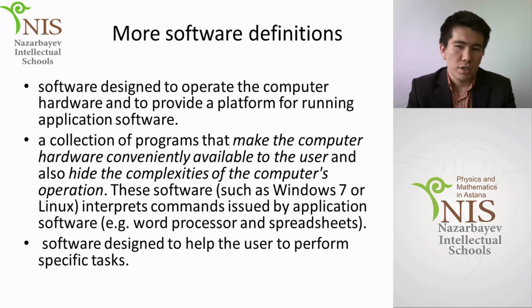These software, such as Windows 7 or Linux, interprets commands issued by application software. Word processor, for example, or spreadsheets. And the last one, software designed to help the user to perform specific tasks. So I'll give you 1 minute to think about these software types. Try to categorize them as much as you can.